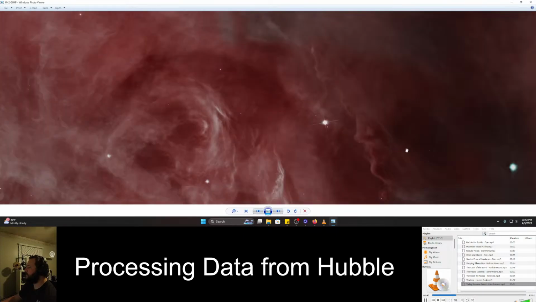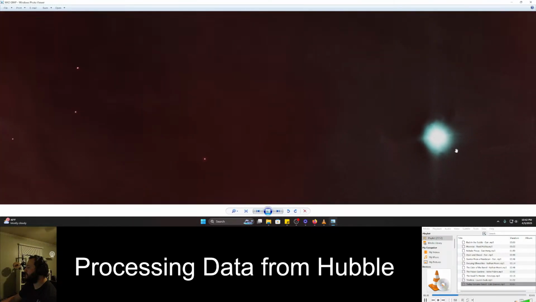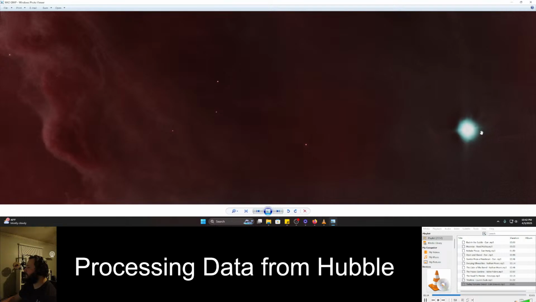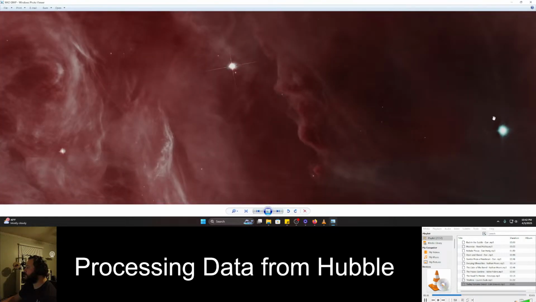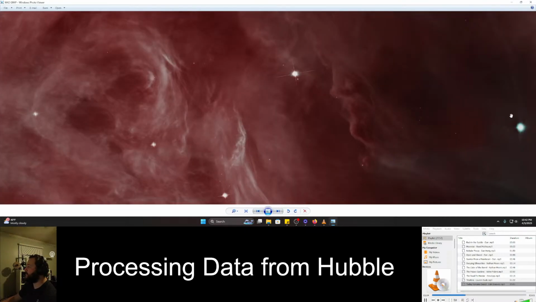Again, there's nothing wrong with what they use. This looks okay. You see how this doesn't have diffraction spikes? There's no spikes on it. That means that its light is getting scattered, which means that that star is probably incredibly bright and is still shining through some of this gas.